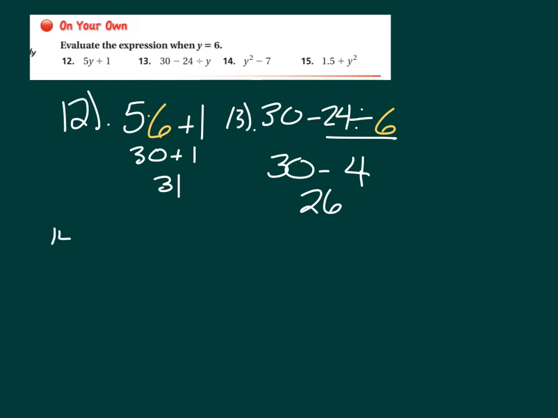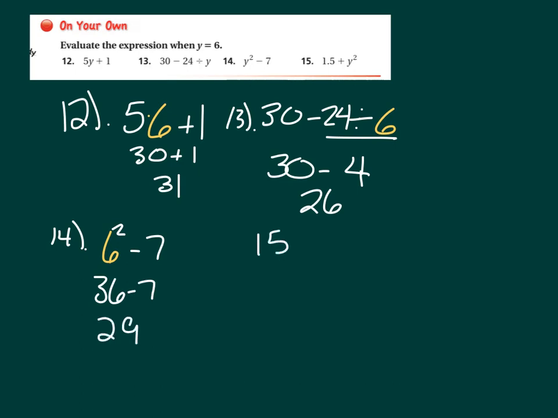Number 14, we have 6 squared minus 7, which 6 squared is 36, minus 7, we get 29.